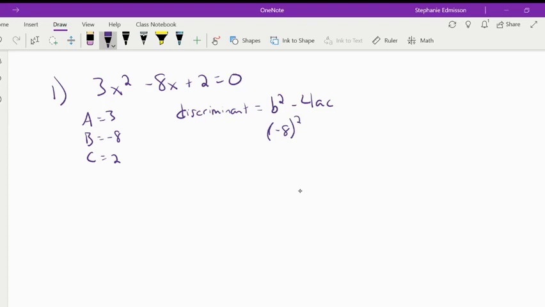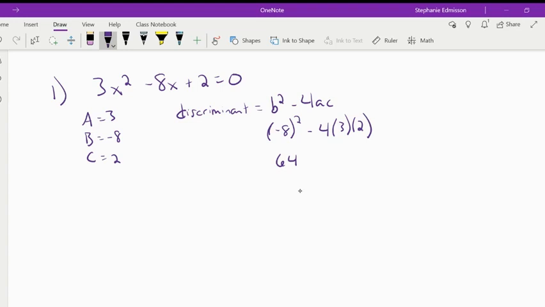So (-8) squared minus 4 times 3 times 2. (-8) squared is 64. That's why it's important to put it inside of parentheses, because if you put this in your calculator and leave the parentheses out, you're going to get -64 here, which would give you the complete wrong answer. 64 minus 4 times 3 times 2.